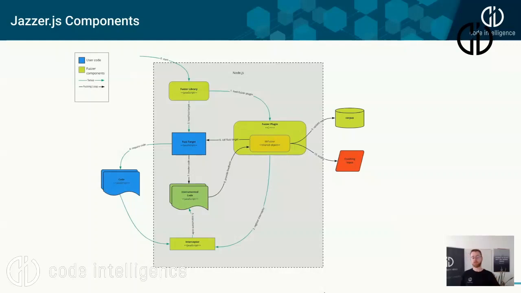And the code under test is then instrumented and can give feedback to the fuzzer to mutate the used input and so on and so on.